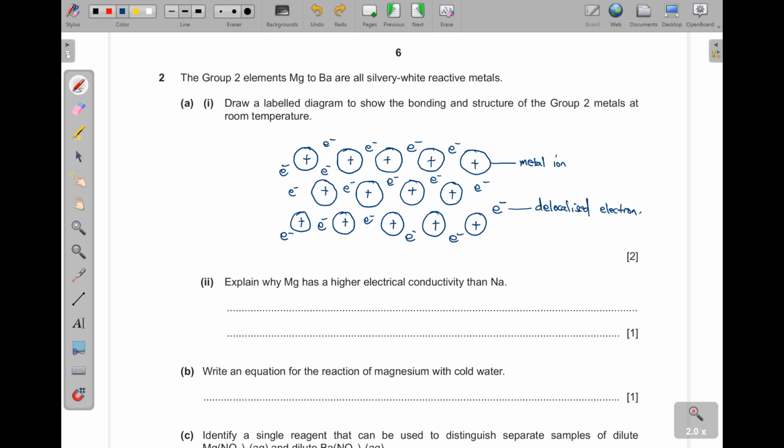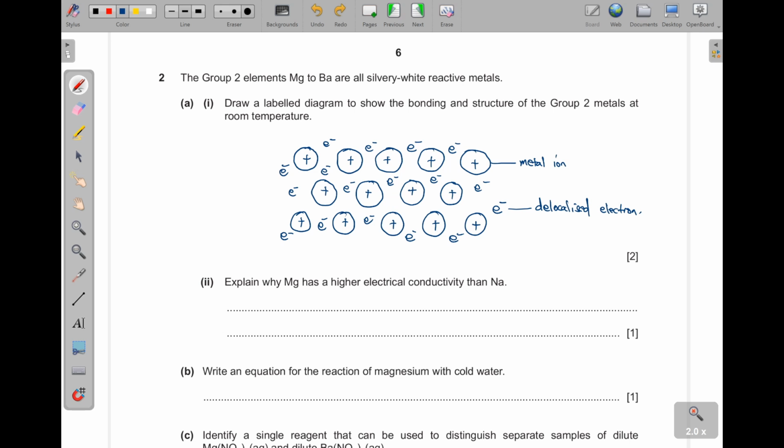Now for metals, to conduct electricity, it is the free movement of these electrons that is responsible for the electrical conductivity. So the more electrons that are donated into this electron cloud, the stronger the electrical conductivity.